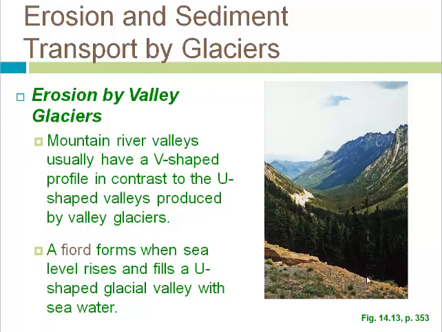As that glacier went into the ocean, sea levels were lower, which means you get the ice abrading lower. And then when the ice receded, since it melted and went into the ocean, the ocean water rose and filled in those valleys, and so we have these things called fjords.